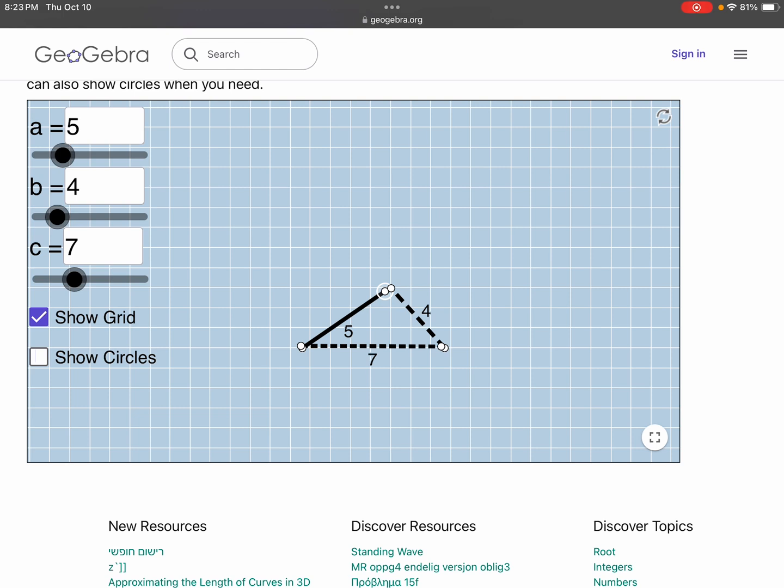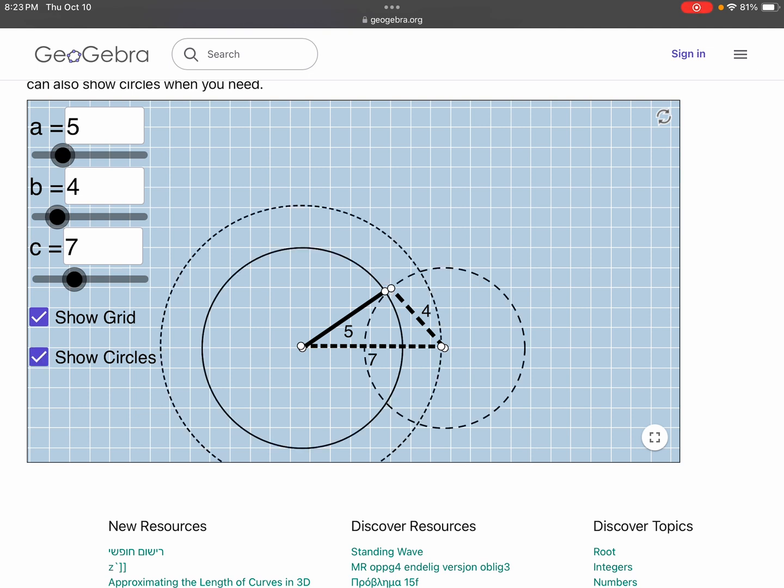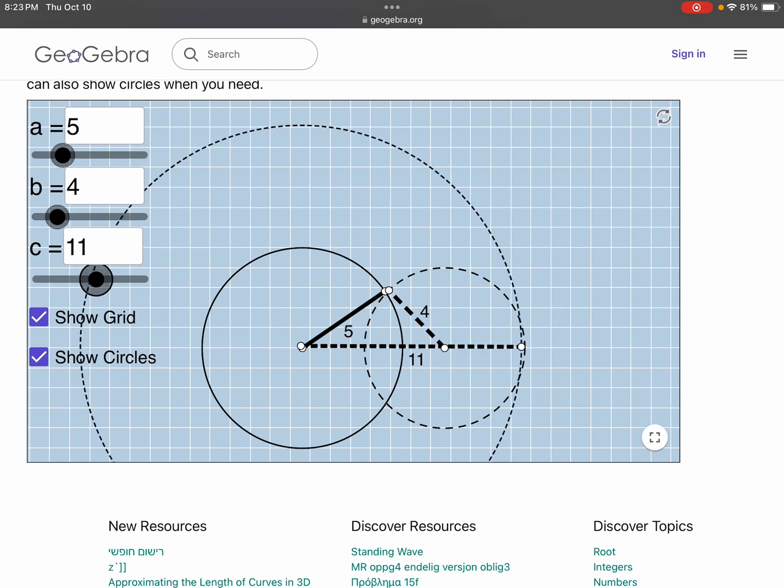And if you notice on this one, I can show the circles I'm making. So if my circle with 5 and 4, notice where they cross, I get a triangle. I don't have them quite matched up there, but we can see that.